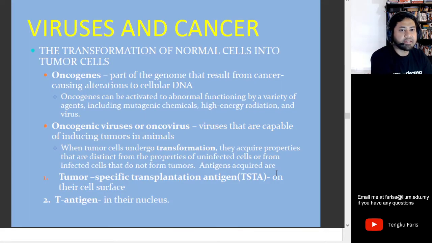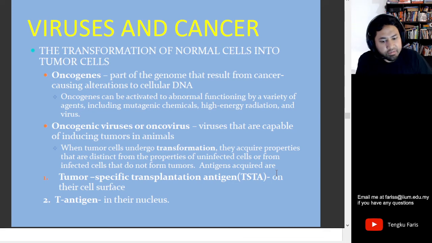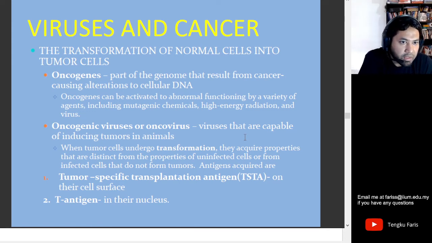Virus and cancers. The progression and initiation of cancers is most of the time triggered by viruses that cause mutation in certain DNA strands of the human cells. So the transformation of normal cells into tumor cells is most commonly triggered or stimulated by viruses.